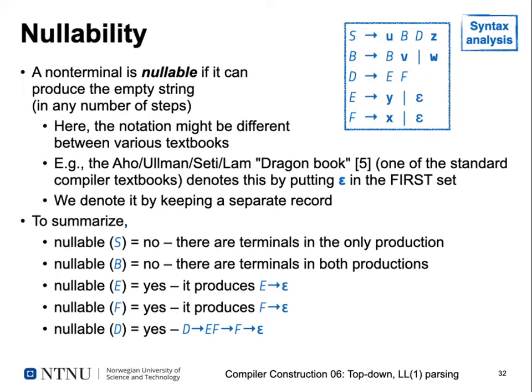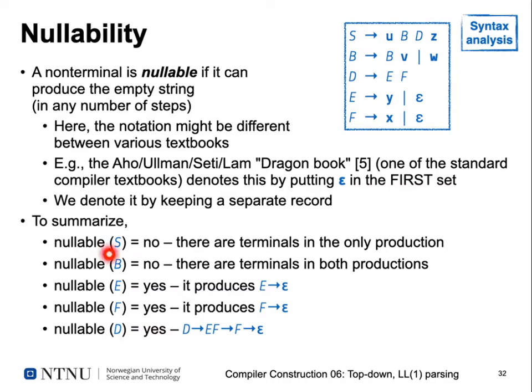There's this one standard compiler's book, the so-called Dragon book by Aho, Ullman, Sethi, and Lam, which is always mentioned first, I think, still when people do compiler courses, but we've decided to use a more modern approach with our textbook. The Dragon book denotes this property of nullability by putting an epsilon in the first set. What we do here is we denote this property, that you can just derive an epsilon from a non-terminal symbol, by keeping it in a separate record.